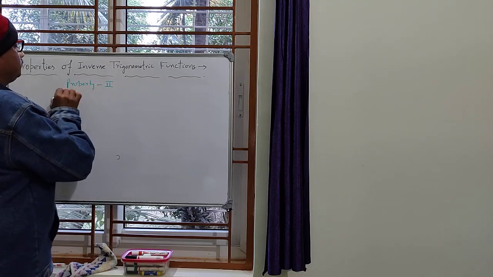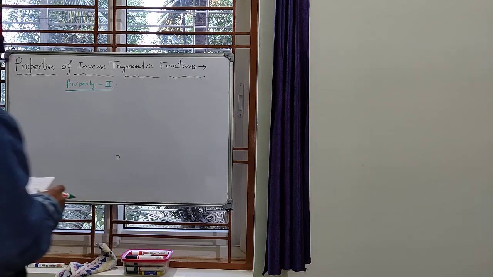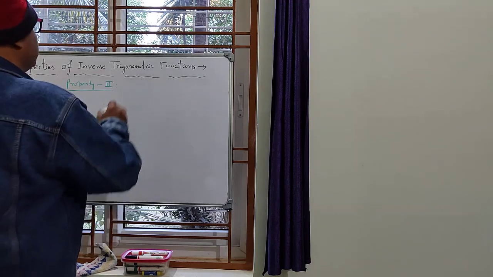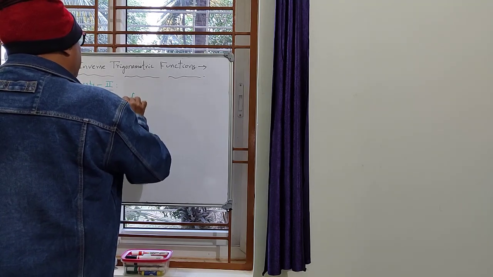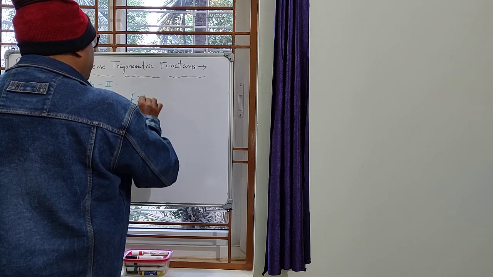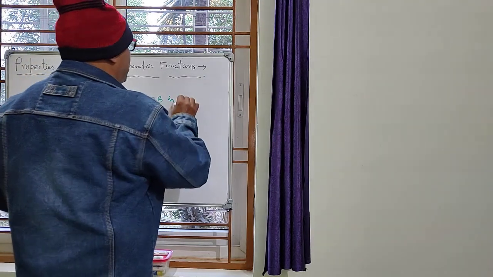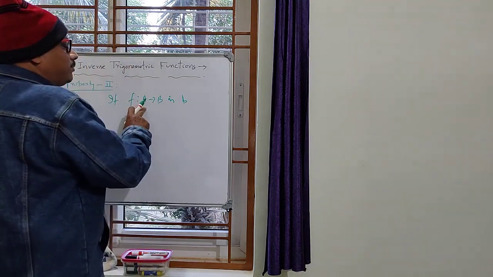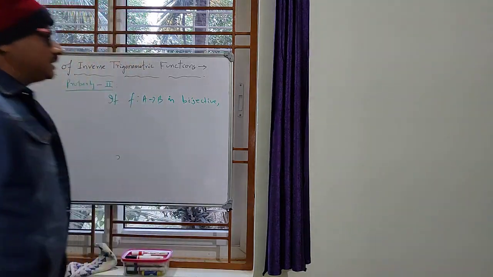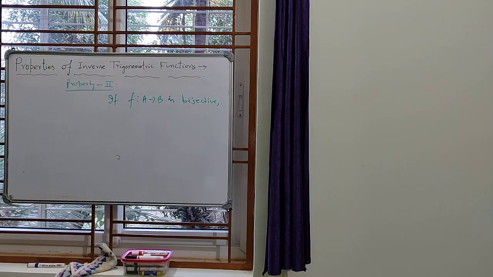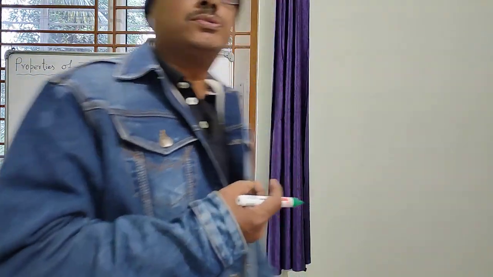Property 2. If the function f of x is a mapping from A to B and is bijective, bijective means, as I have already told you, the function is both one-one and onto.